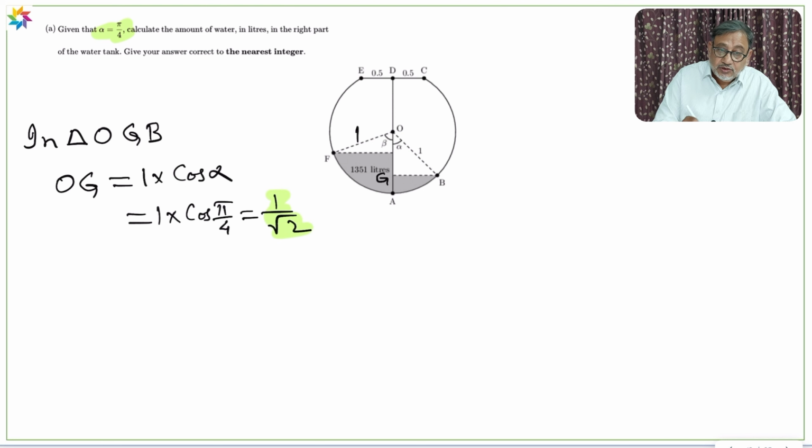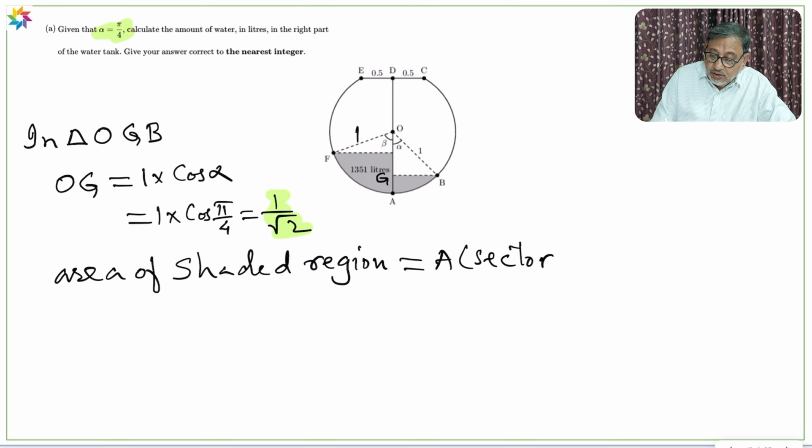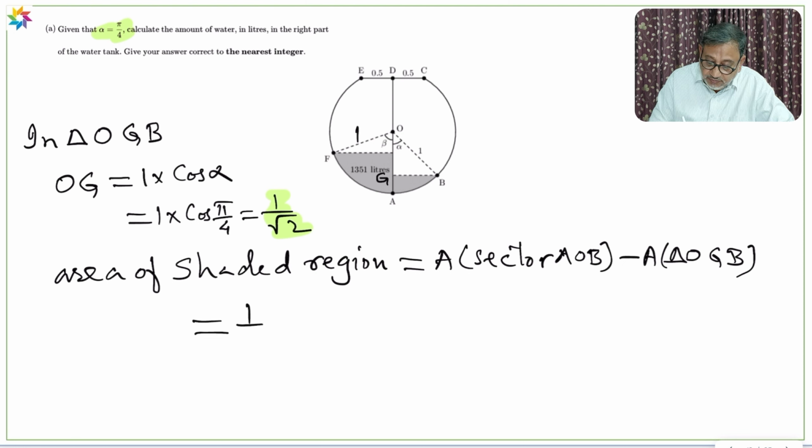Okay. So therefore, the area of the shaded region, and then I will multiply it by 3 to get the volume, is equal to the area of sector AOB minus the area of triangle OGB, right? Like this I will get the area of the shaded region, which will be equal to half r square. R is 1, square.